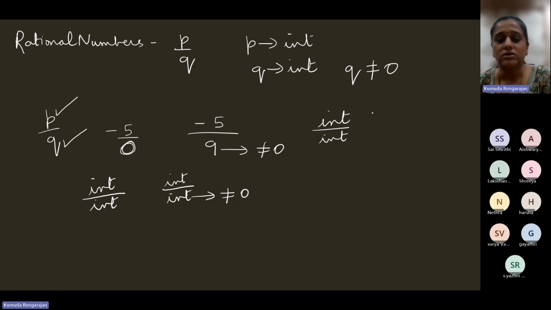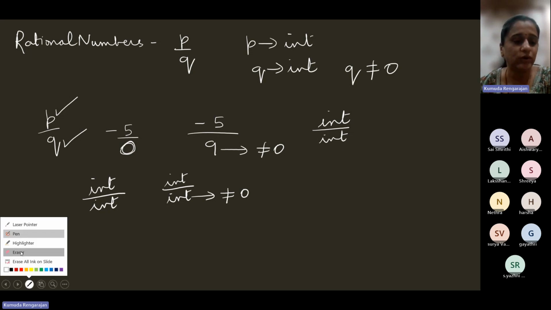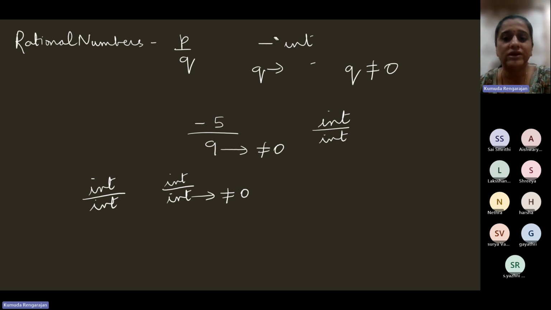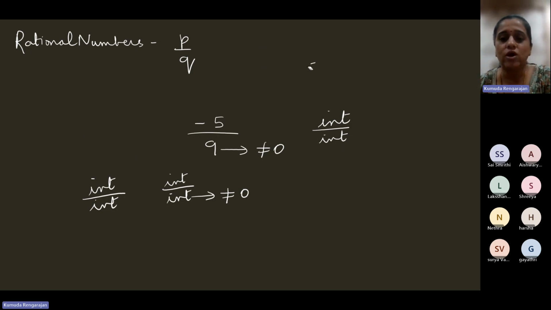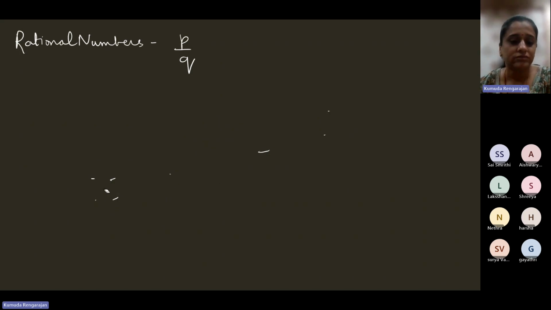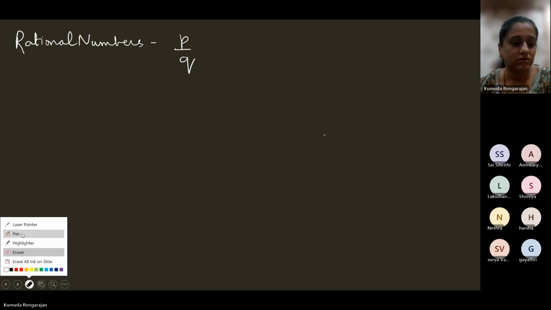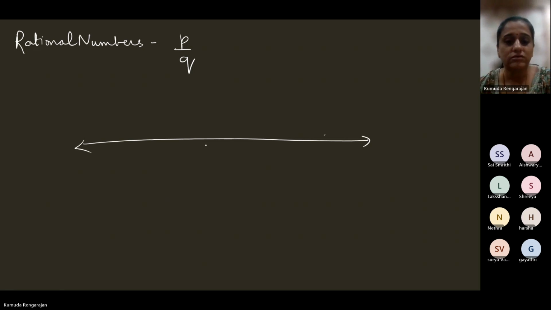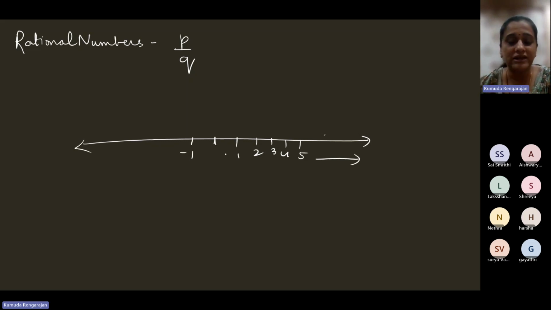And integers, we know, the collection of all natural numbers. How do you define integers? We know what integers are, but how do we define integers? The collection of all natural numbers, their negatives, including 0. The negative of 1 is -1.